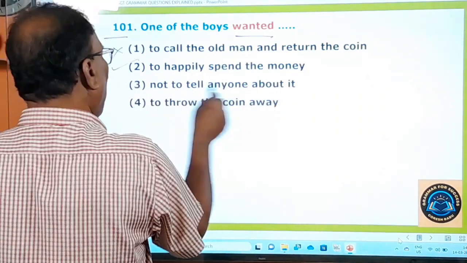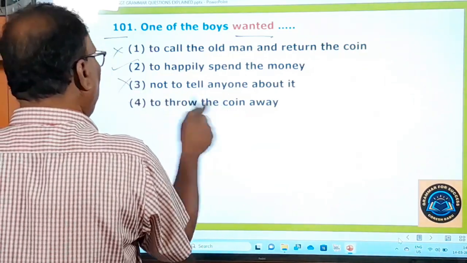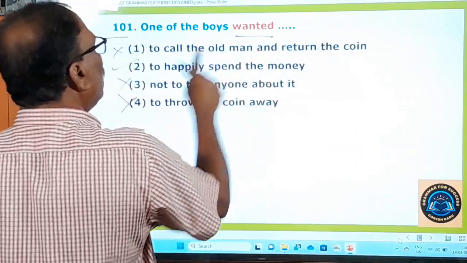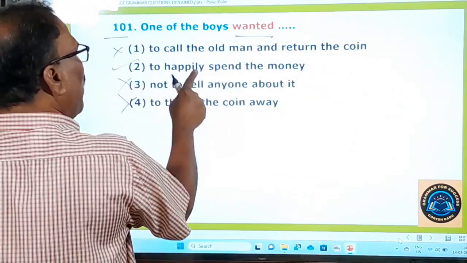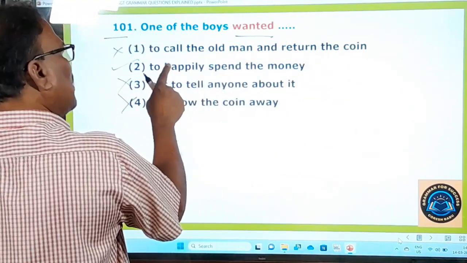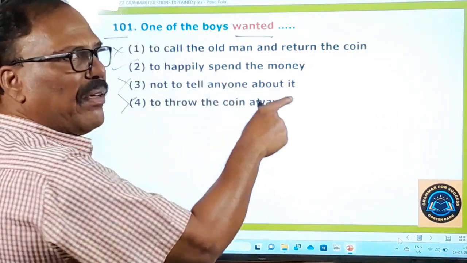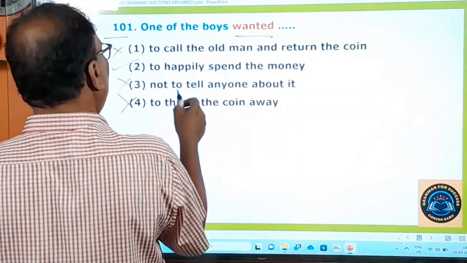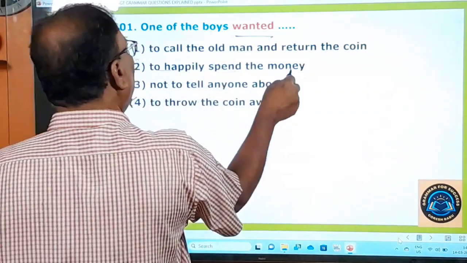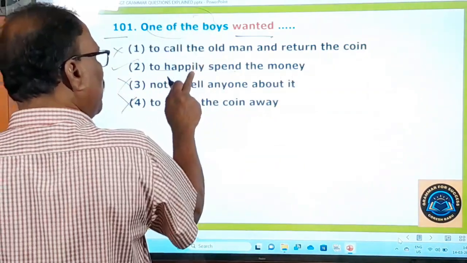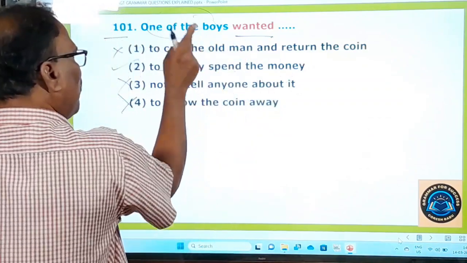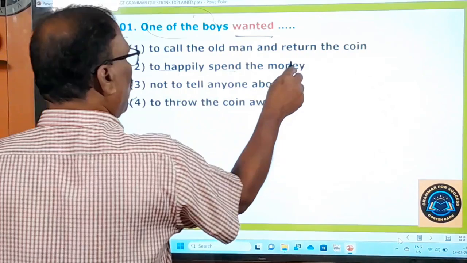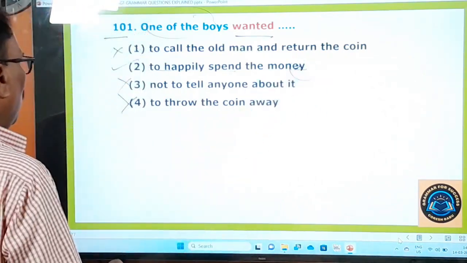Not to tell anyone about it, no. To throw the coin away, no. This is what the dishonest, insincere boy wanted to do. So he wanted to happily spend the money. So first one, third one, fourth one are wrong. Only the second one is the right one. And you go to the next question.